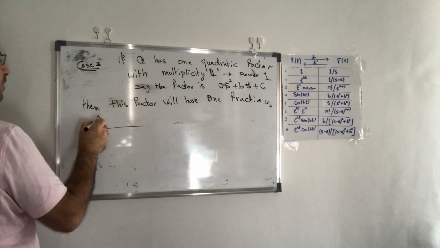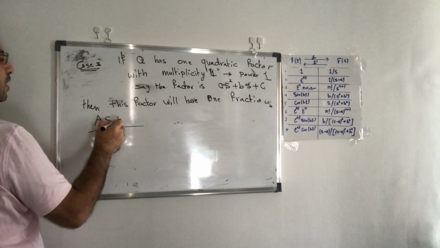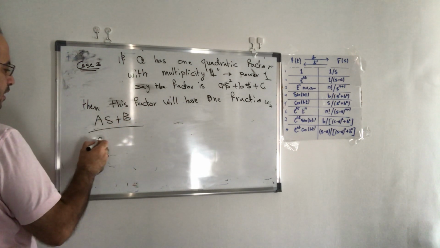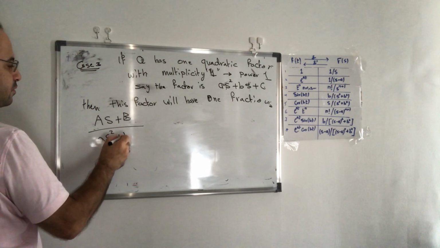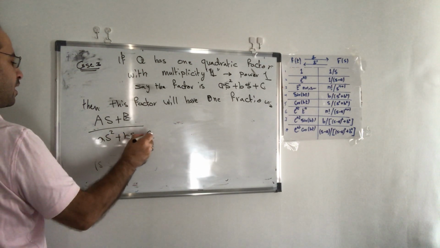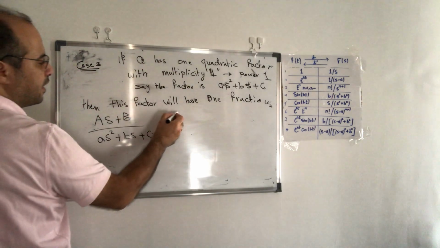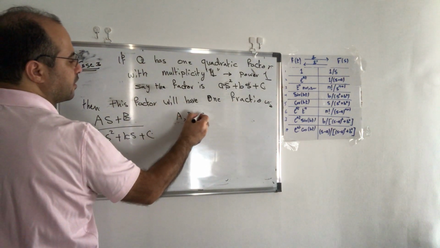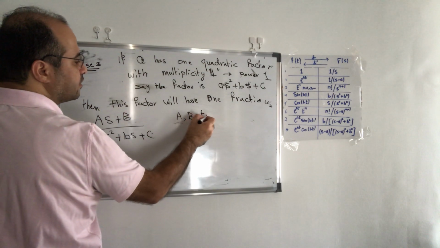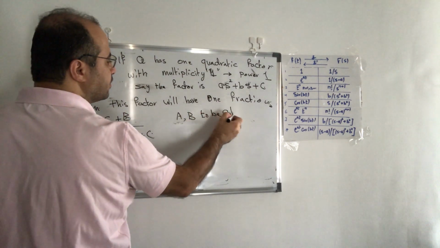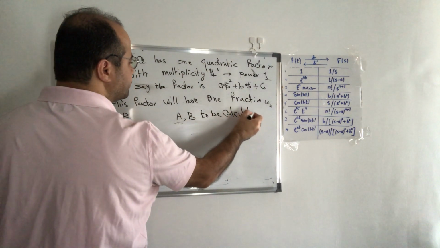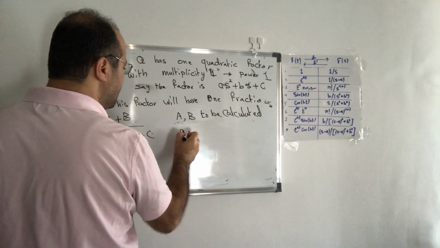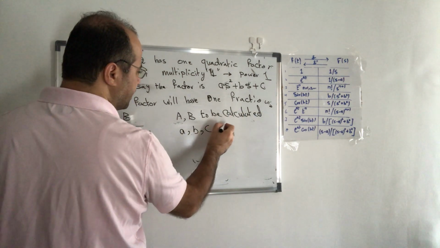It is as plus b divided by s squared plus bs plus c. Yeah? Just to tell you, here a and b are the variables. A and b are things to be calculated, right? But these a, b, and c are given.